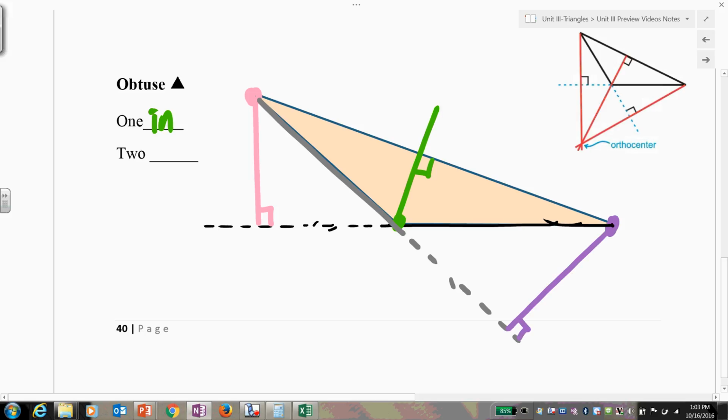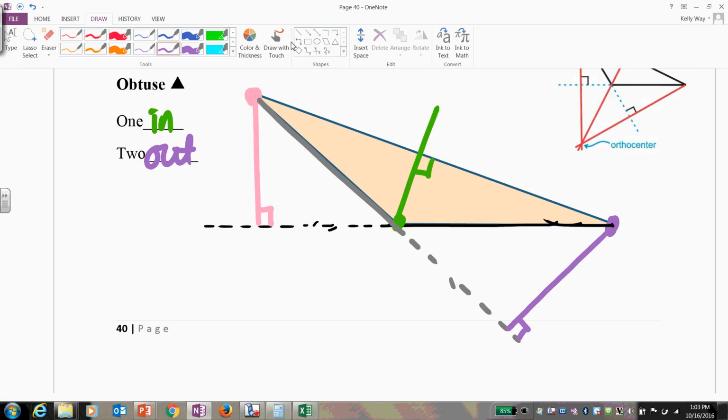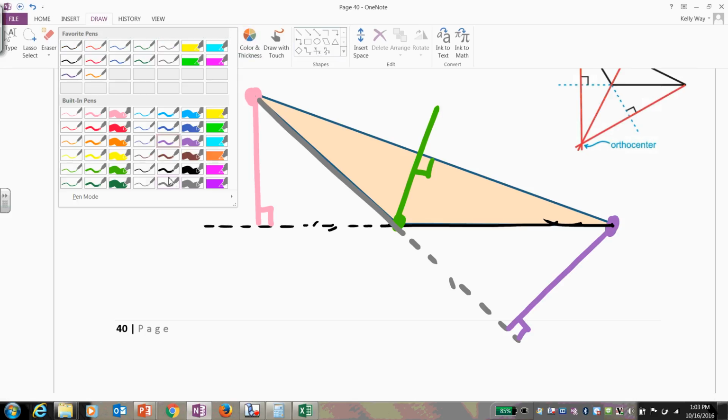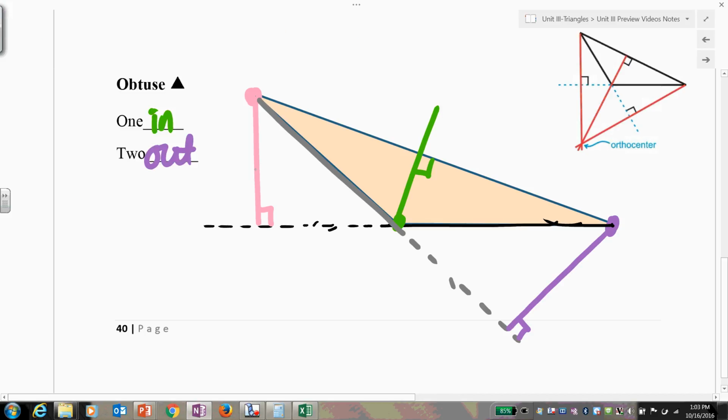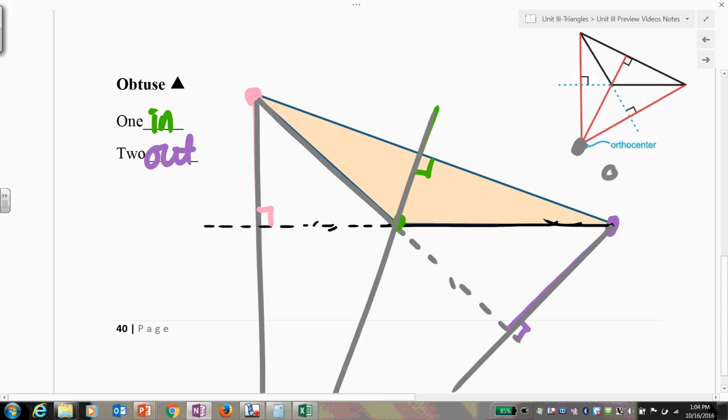So we have one in and two outside. And if you look carefully, if we were to connect these and extend all three of these, eventually they intersect. We actually don't have enough space here, but you can see the illustration. The orthocenter in this case is outside.